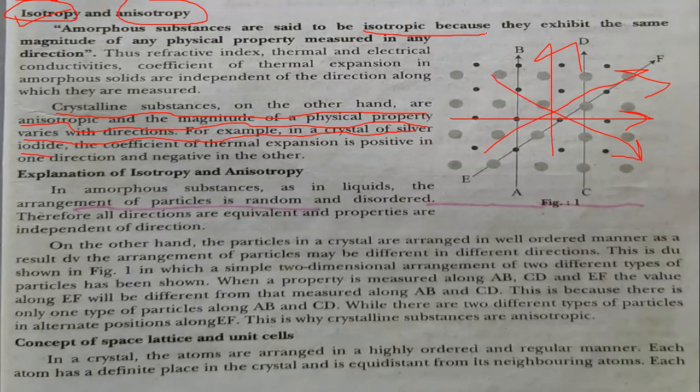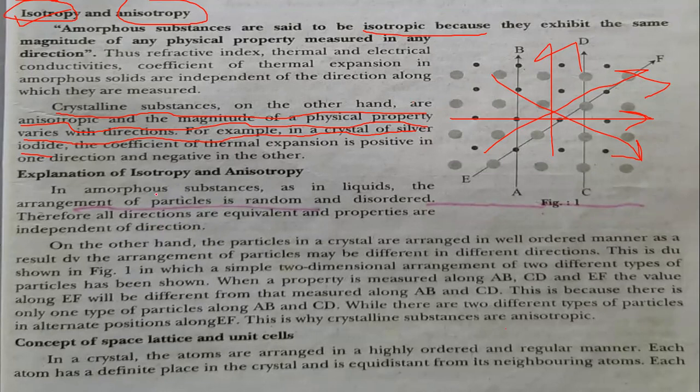In case of an anisotropic solid, the property will vary from direction to direction. This is the very basic and big difference between isotropic and anisotropic solids.